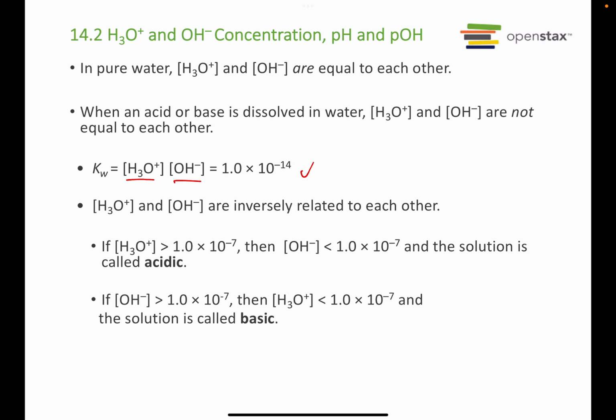So if you split that in half, if the H plus is greater than 10 to the minus 7, then the OH minus must be less, and we call the solution acidic. And if OH minus is more than half, then it's basic.